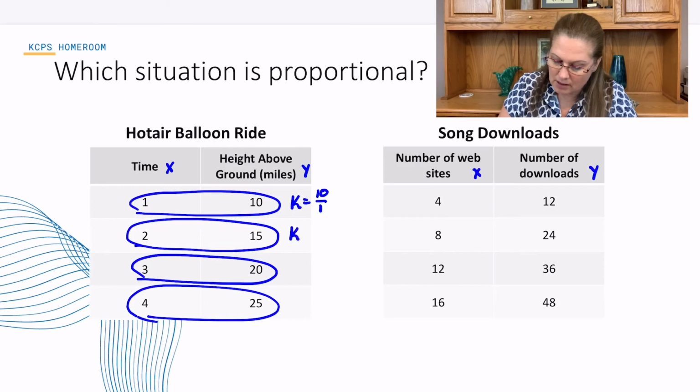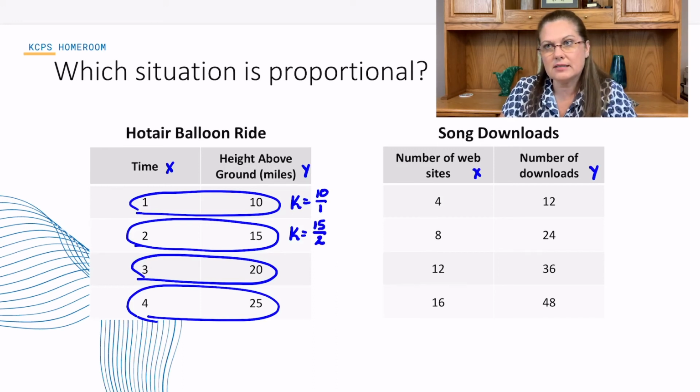So our next constant of proportionality equation is 15 over 2. 2 is prime, so unless 2 can go into 15 evenly, we can't simplify. It doesn't, so that's as far as we can go.